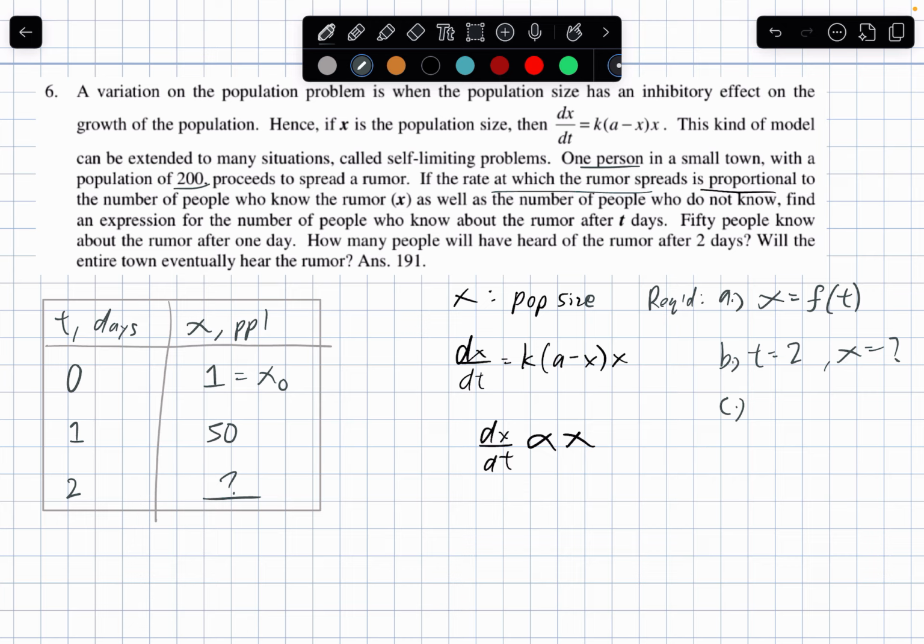So we acknowledge that a and k are constants here in this equation. dx, we just organize it in such a way. Okay, dx over x is equal to k times quantity a minus x dt.